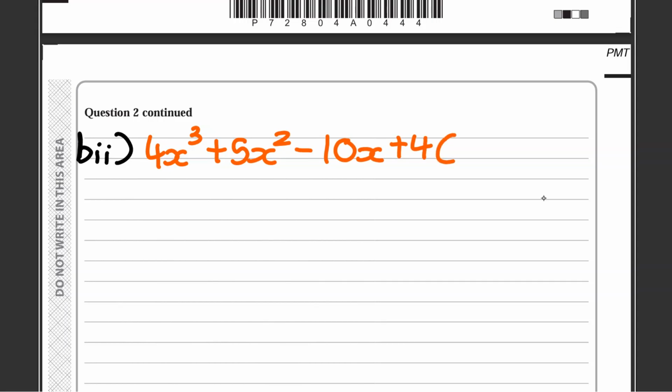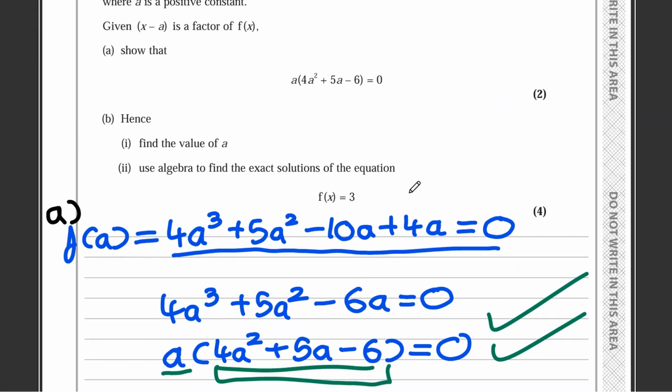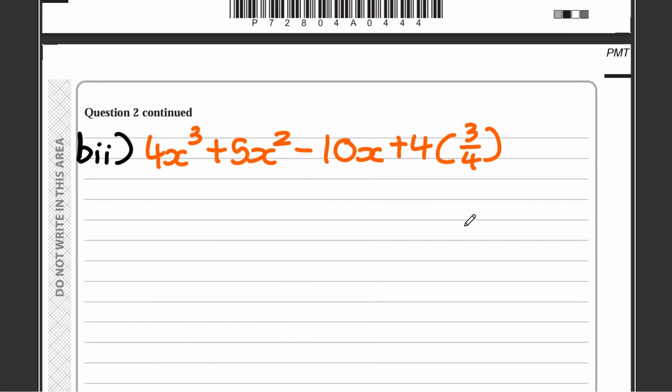And then instead of a here, we can sub in 3 over 4 like this here. And the question is asking us to find the exact solutions of the equation where f of x is equal to 3. So this here is equal to 3, and we need to solve this equation here, okay?